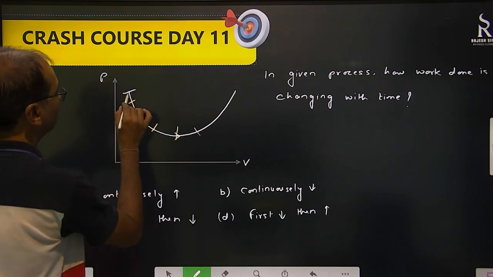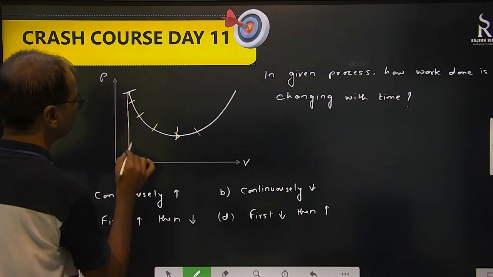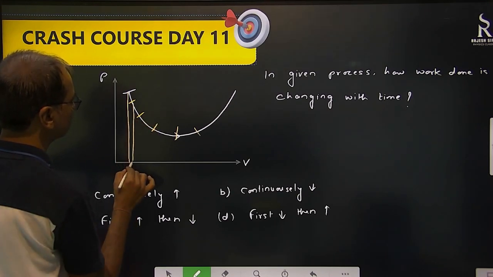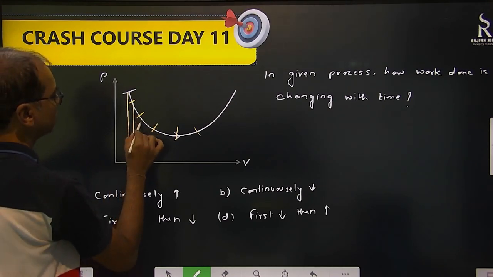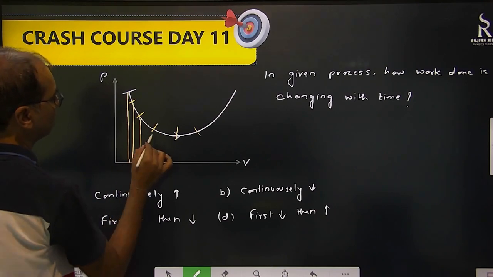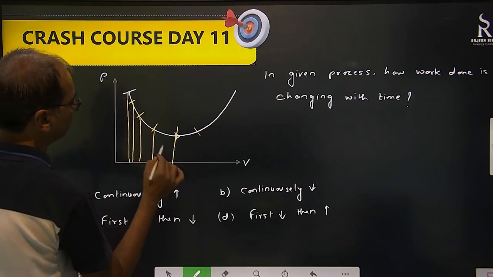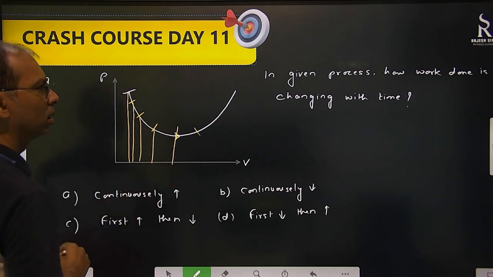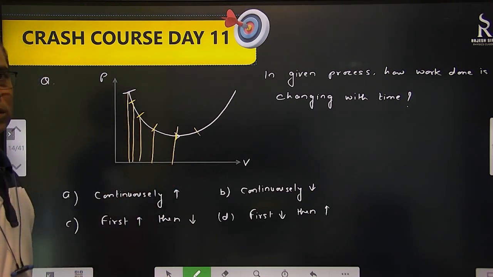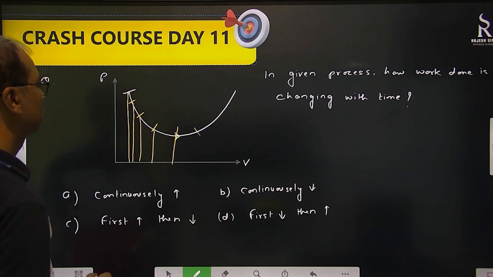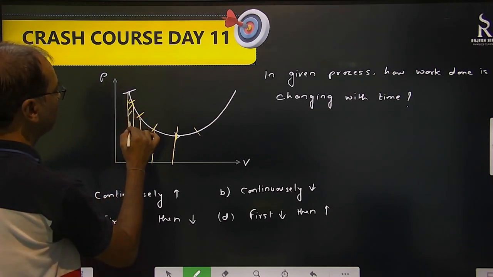So, in first second, how much work will be done? We will say this much. In 2 seconds, how much work is done? We will say this much. In 3 seconds, how much work is done now? It's this much. Fourth second, how much is done? This much. So, work done is increasing with time or decreasing with time? Increasing. Because in 1 second, only this much area was there.